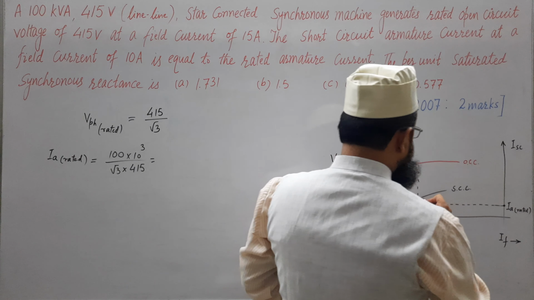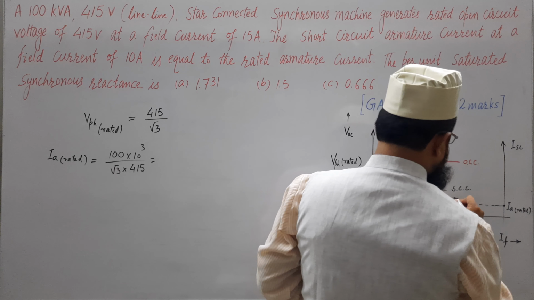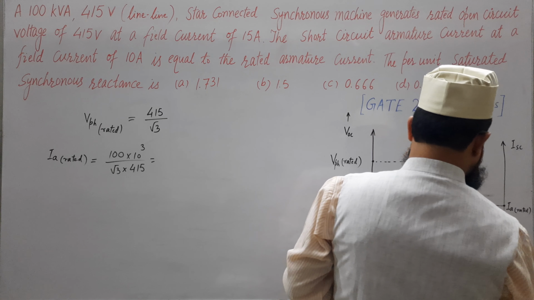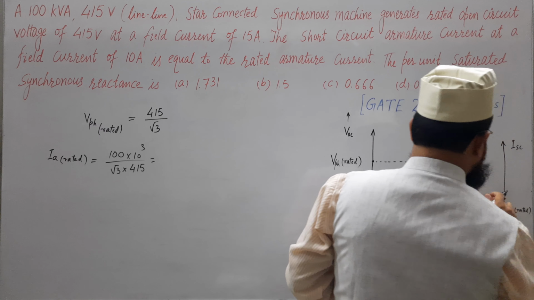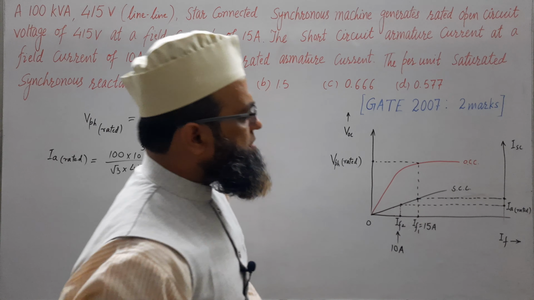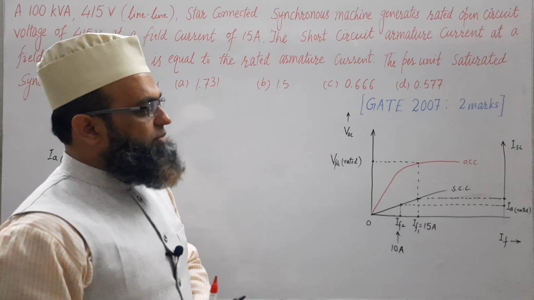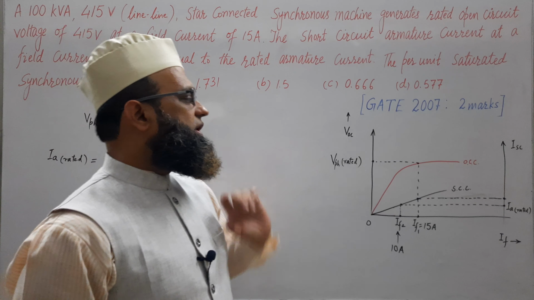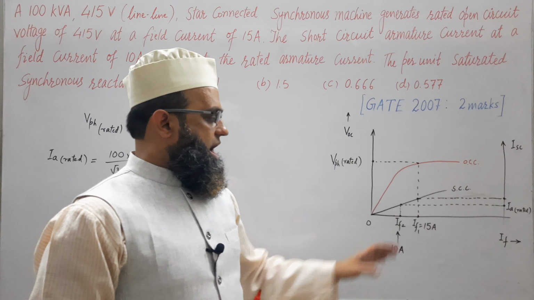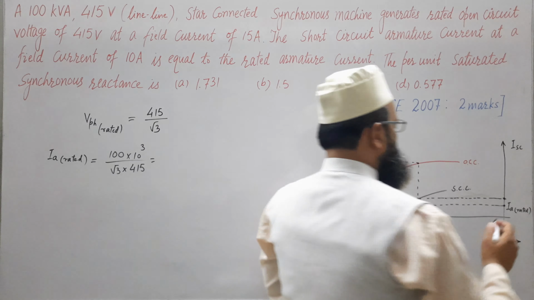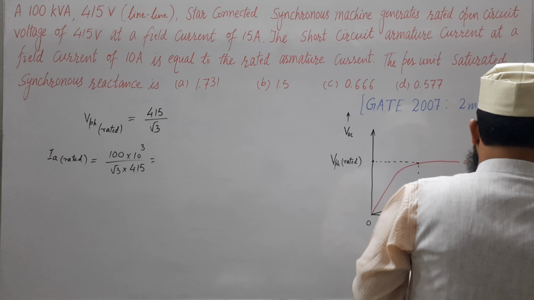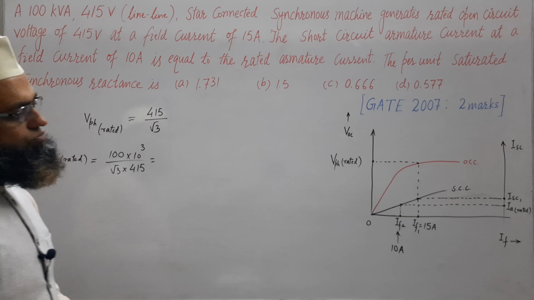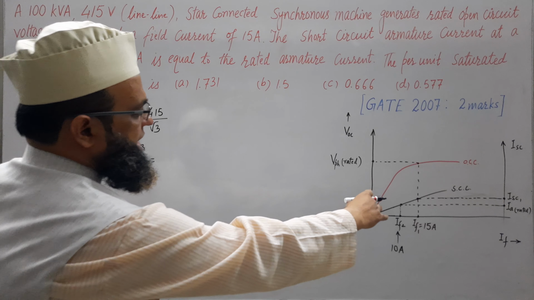For that we need to evaluate this short circuit current corresponding to IF1. Remember, in the previous lecture we discussed that synchronous impedance is nothing but the ratio of open circuit voltage to the short circuit current at the same value of field current. Let us mark it ISC1.